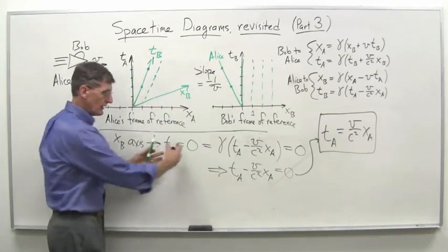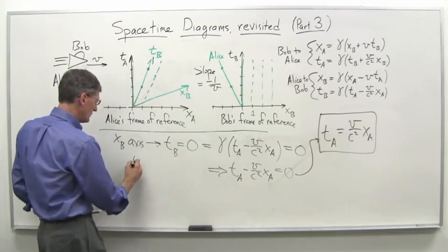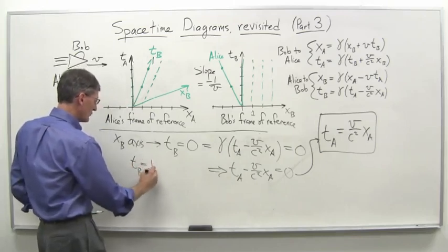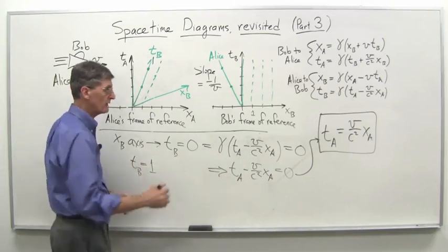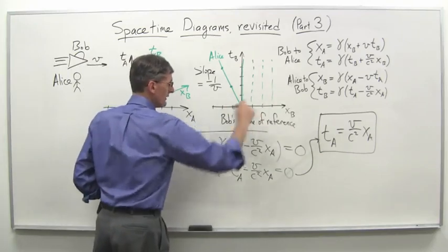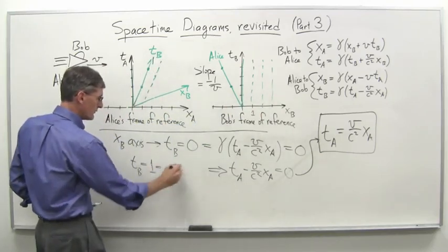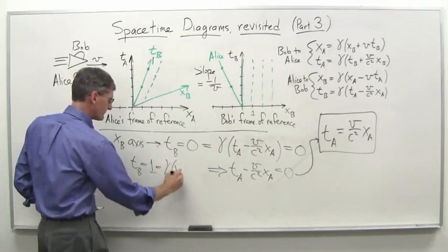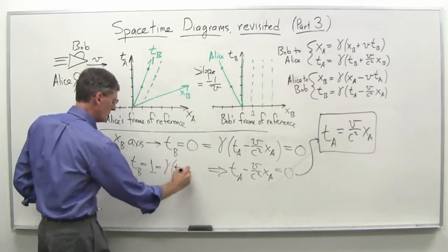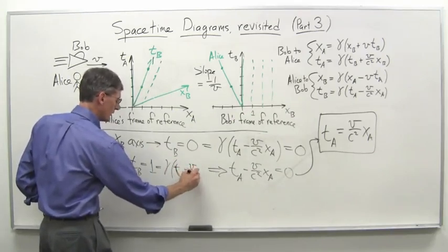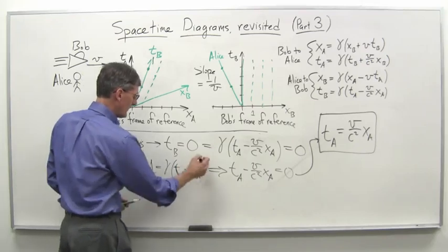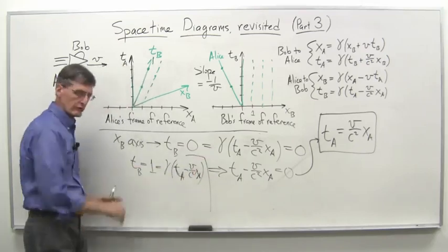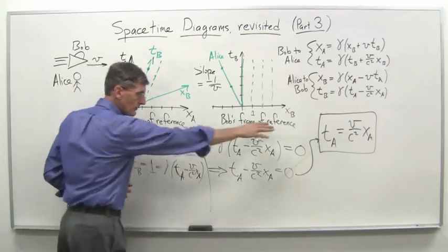And again, to do that, same idea here. We just say t sub b equals 1. Okay, that's a line of simultaneity here. This line of simultaneity for Bob equals, again, our equation gamma times t sub a minus v over c squared x sub a. And we could solve that again, put it in a form somewhat like that.